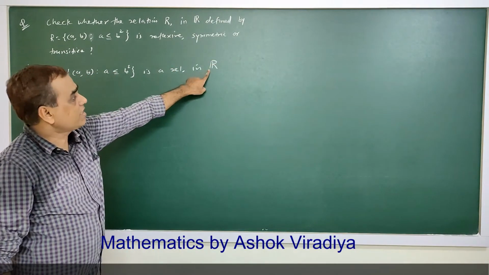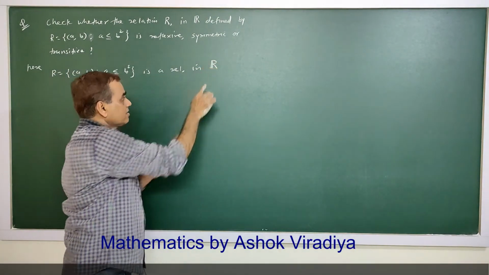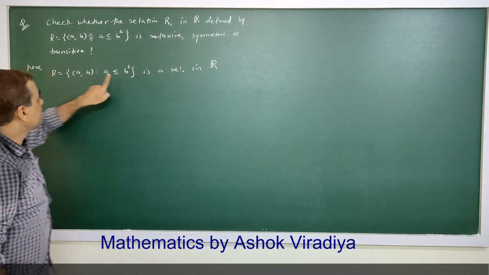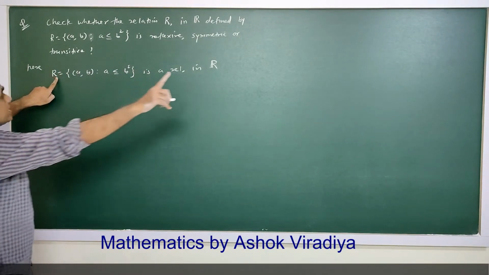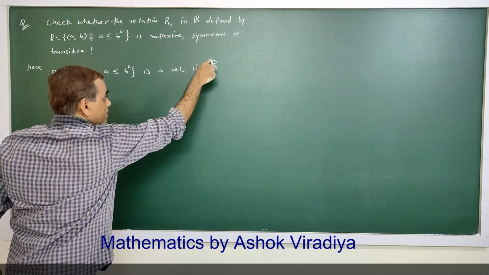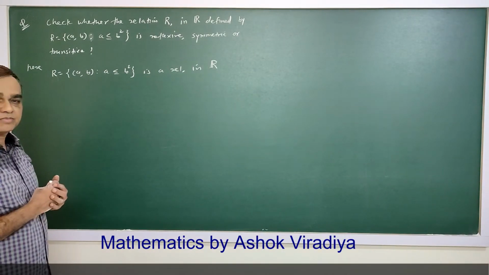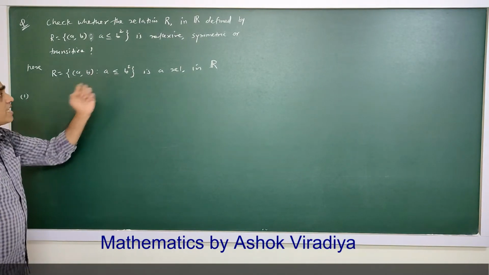This symbol, the double-lined one, is for the set of real numbers, and this other symbol is for the relation, so don't be confused by these symbols. Now we check these properties: reflexive, symmetric, transitive. Say A less than or equal to B square.